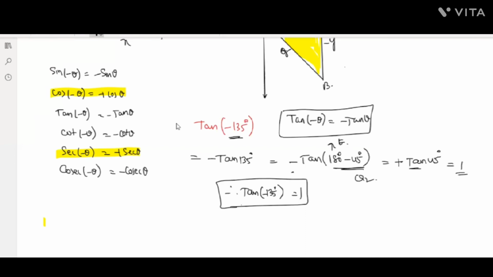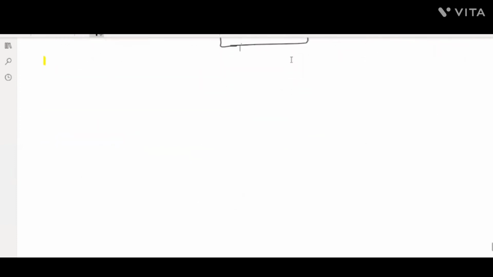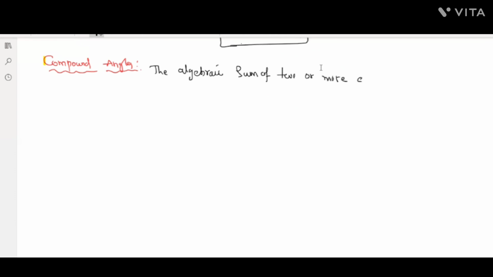Now let's see today's topic, compound angles. What is meant by compound angles?